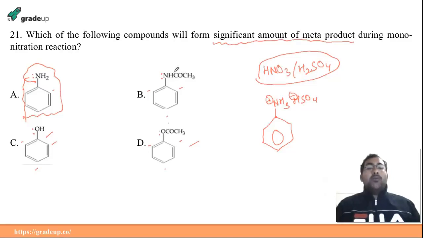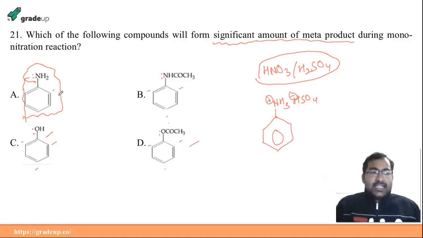So the lone pair is not as freely available as in the case of aniline to get attached to the H plus in the acidic solution. And when it gets attached to the H plus, that's the case finalized: no more lone pair is available to go into the ring.